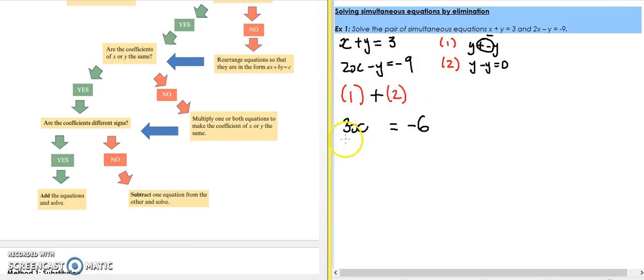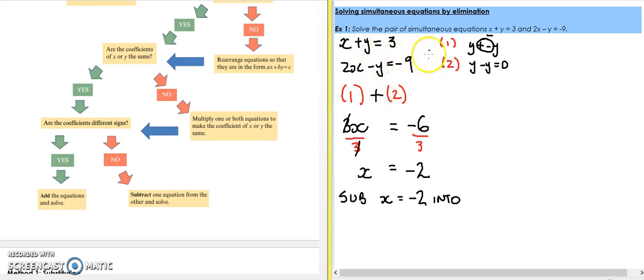There is a times 3 associated with it, so we divide by 3, cancel, and we're left with x on the left hand side. Negative 6 divided by 3 will give us negative 2. We're then going to substitute x equals negative 2 into an equation.